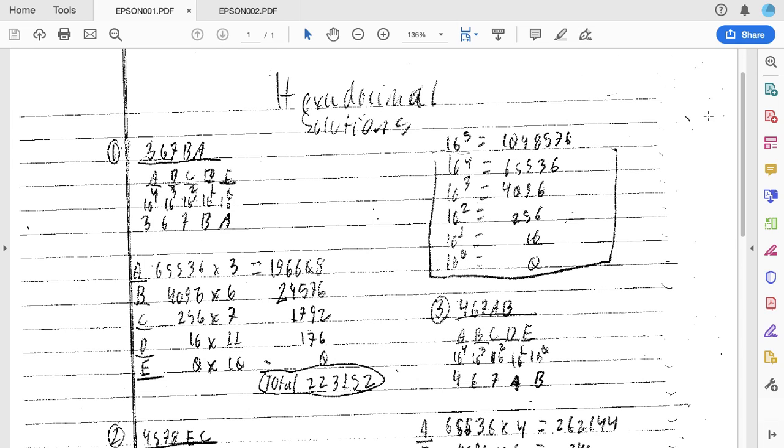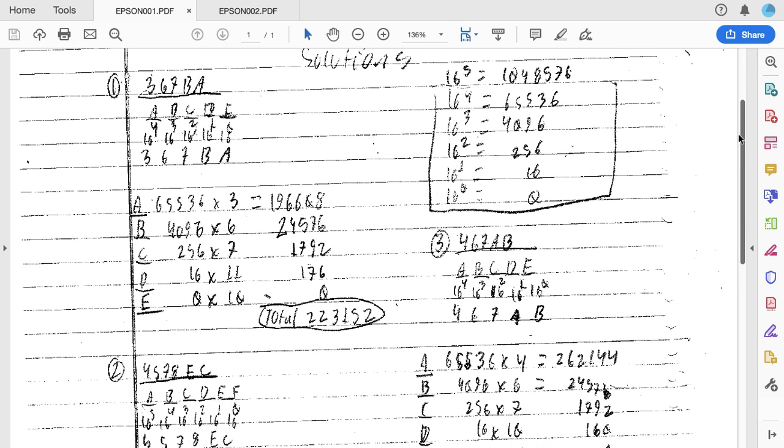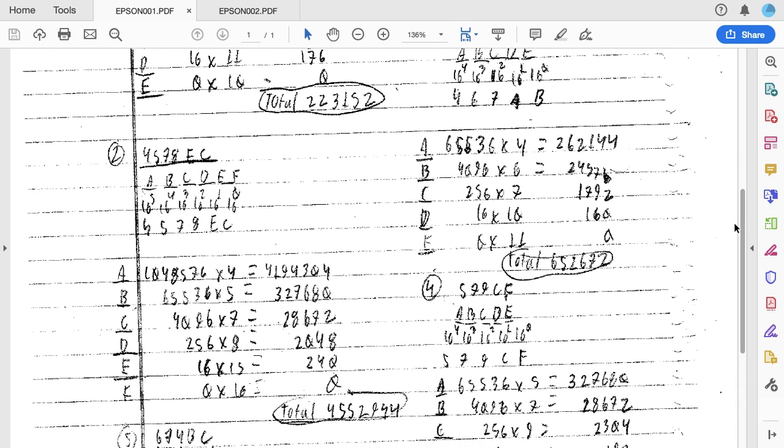Now, this system is the same for any problem you do. I don't care how big it is, I don't care how small it is. I'll show you another example of what I'm talking about. Right here, you have 1, 2, 3, 4, 5, 6 characters. So that means you would start out with your highest exponent, 16 to the 5th power.